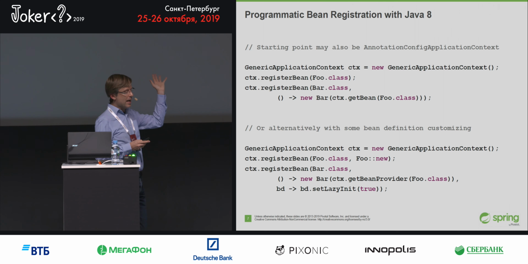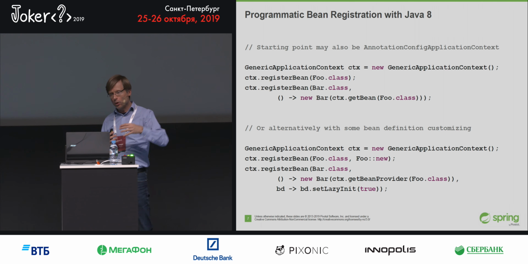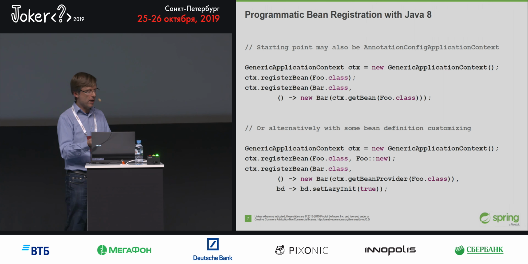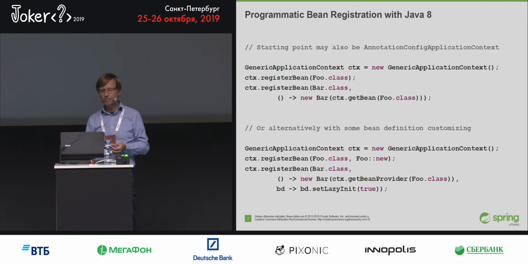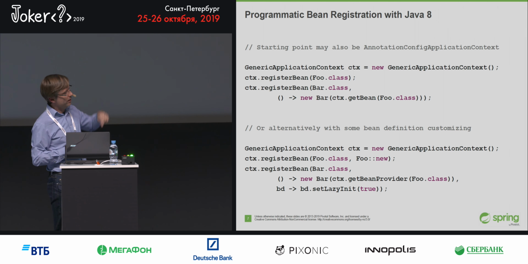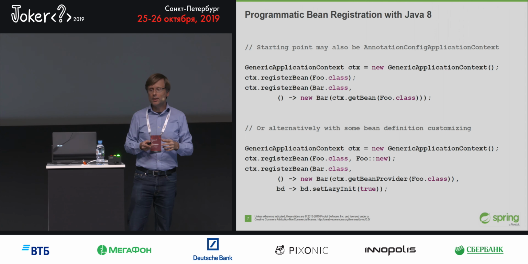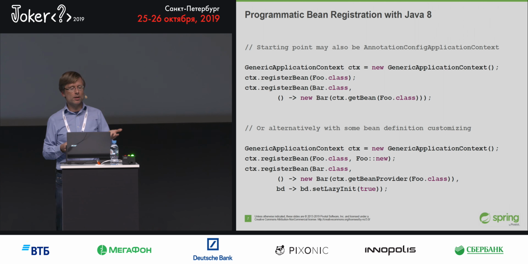And this can become a little fancier. The example above is simple. The one below is a little fancier, where bar is assumed to have an object provider of foo argument to be passed into the constructor in its Lambda expression there. And there's actually one more line in the example below, the lazy init call. This is another Lambda expression bound to what we call a bean definition customizer.